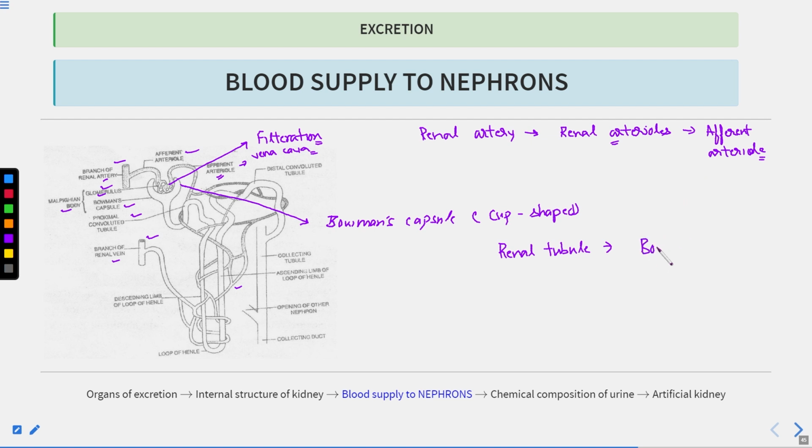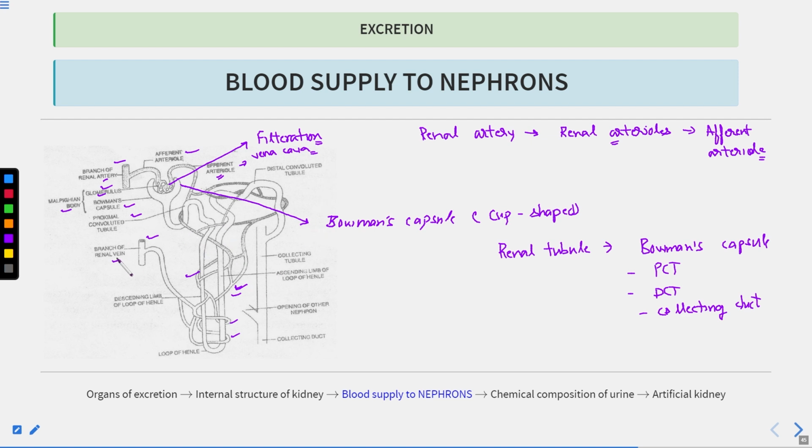Bowman's capsule, the proximal convoluted tubule, distal convoluted tubule, and the collecting duct. So a capillary network is present here, which surrounds the proximal convoluted tubule and the distal convoluted tubule.